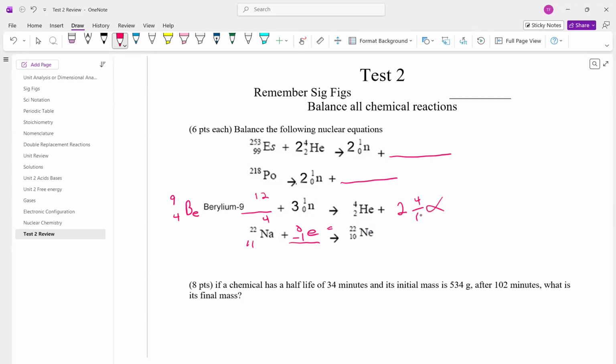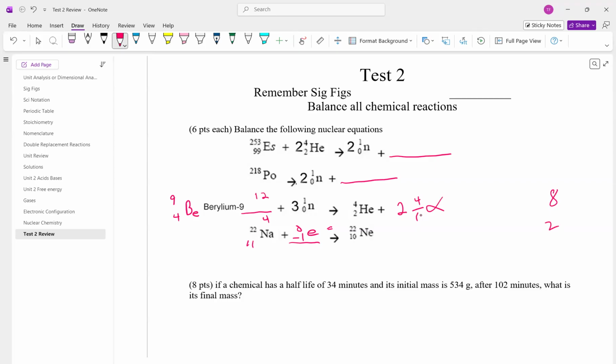Okay, the 12 is on which side? Let's do both sides again. On the left side, we have 9 and 3 1s. That's how I got 12 on the left. On the right, I've got 4 plus what is 12? 8.